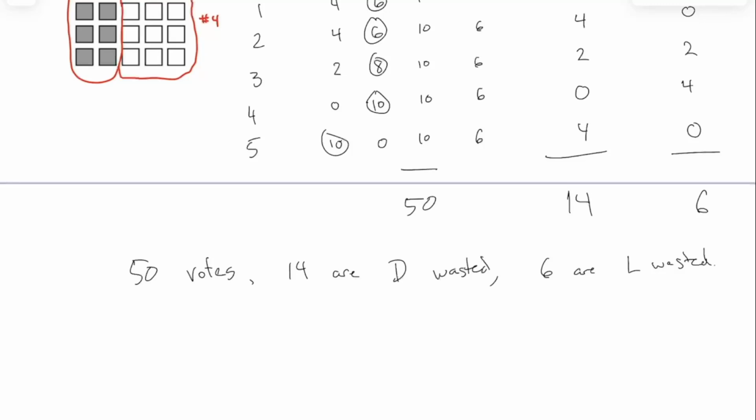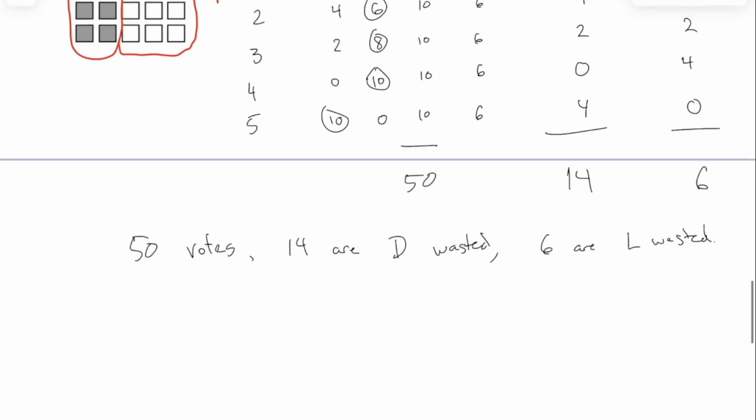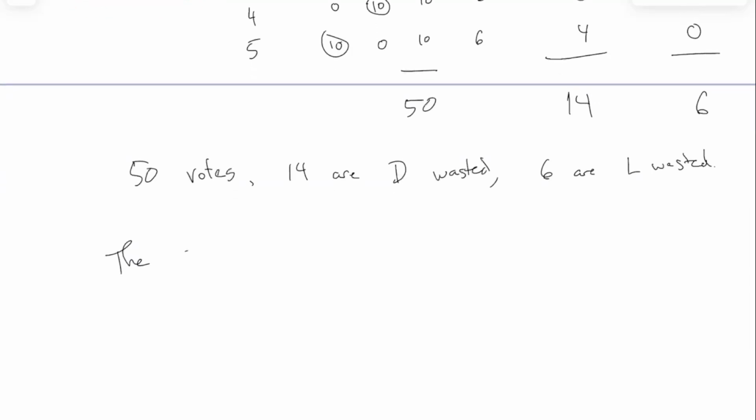In a typical election, each of the two parties is going to waste some. What's interesting is that the D's are wasting a lot more than the L's in this case, which means that the map is biased against the D's. And so the way that we write down our final answer, we say the efficiency gap is this fraction. It's the difference divided by the total.